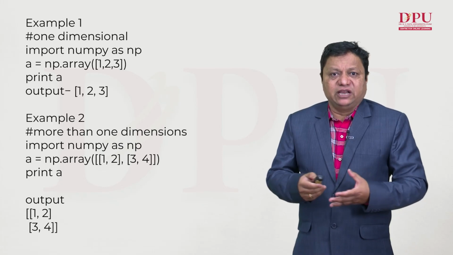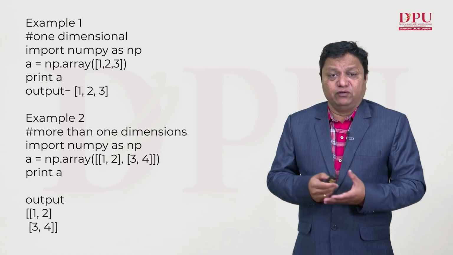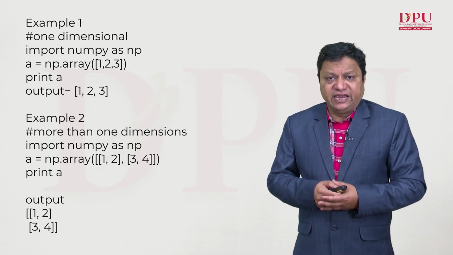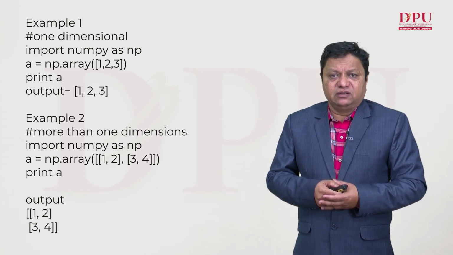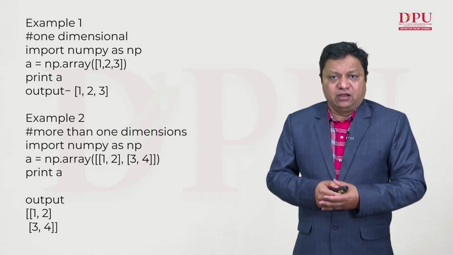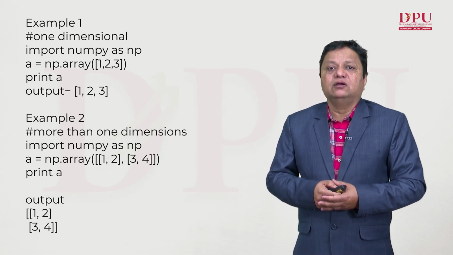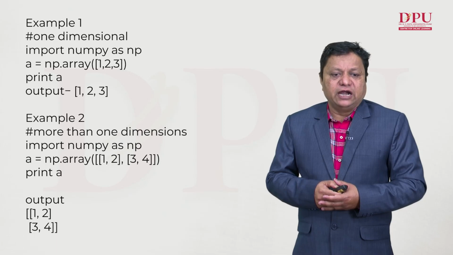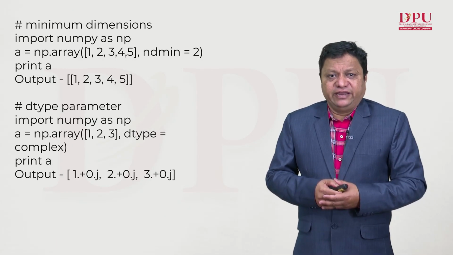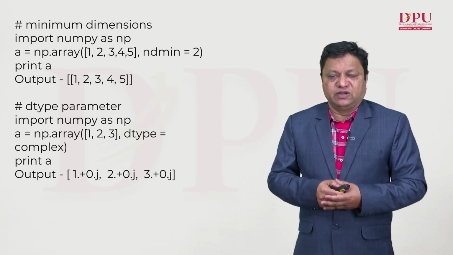So, here it will create a matrix having 2 rows and 2 columns, and if you print using the print statement, print A, what will it print? It will print the values in terms of the matrix that I have created, an array having 2 rows and 2 columns, each row having 2 columns, that is 1, 2 and 3, 4. So, this is a very simple way of creating one dimensional and multidimensional arrays in Python by using the ND array.